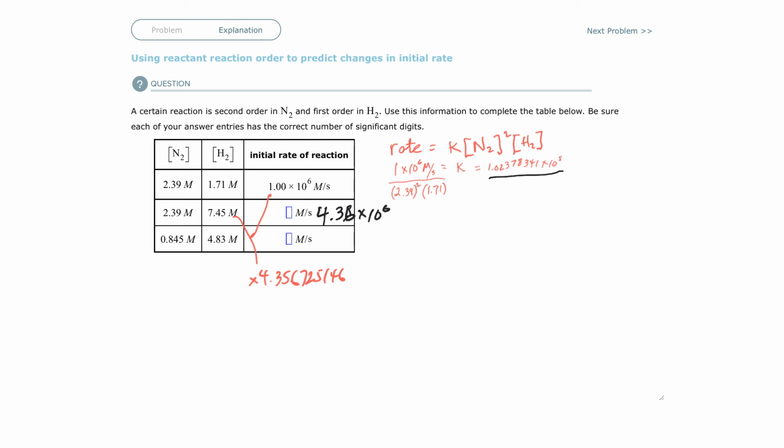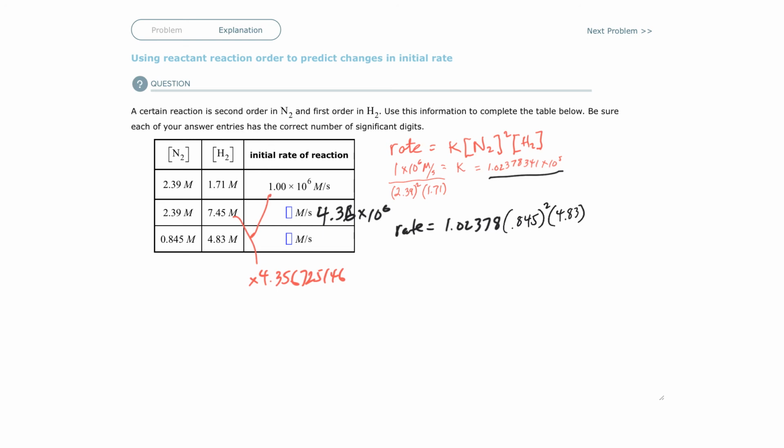So I'm just going to say rate equals 1.02378, that's probably enough, times the N2 squared, in this case, 0.845. And remember, the N2 is to the second power, times the hydrogen, which is to the first power, 4.83.